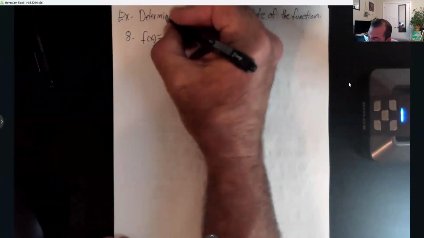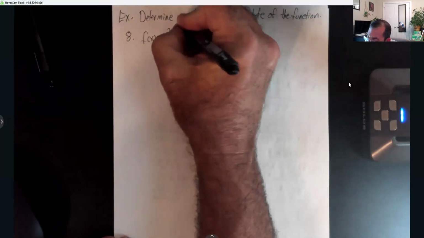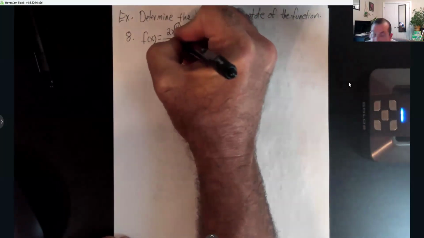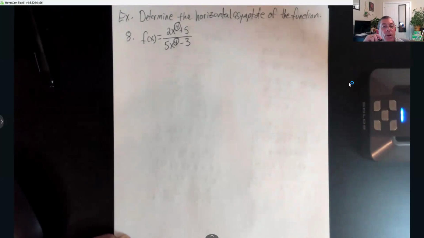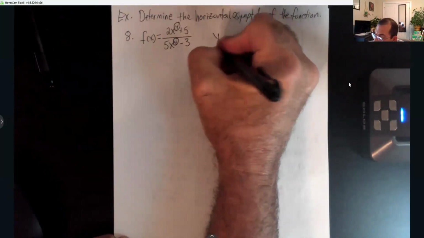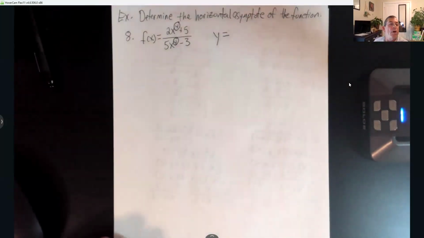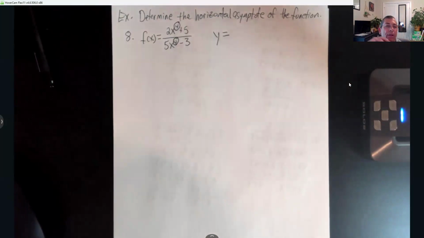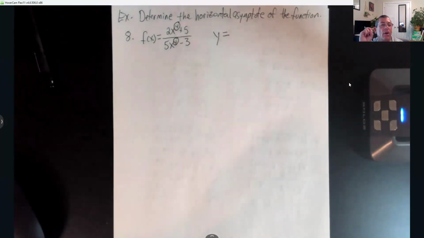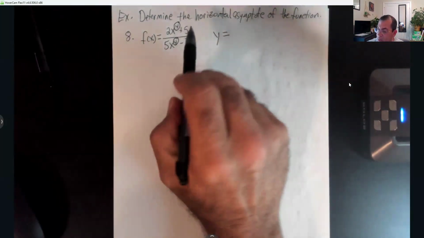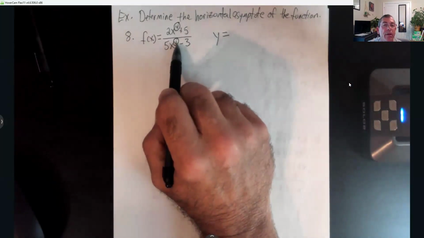Okay, so they are equal degrees. You got a degree 4 on top and a degree 4 on bottom. So now, if they're equal, what does y equal? What will y equal as my horizontal asymptote? Oh, not 0. Remember, 0 was if the bottom was bigger.